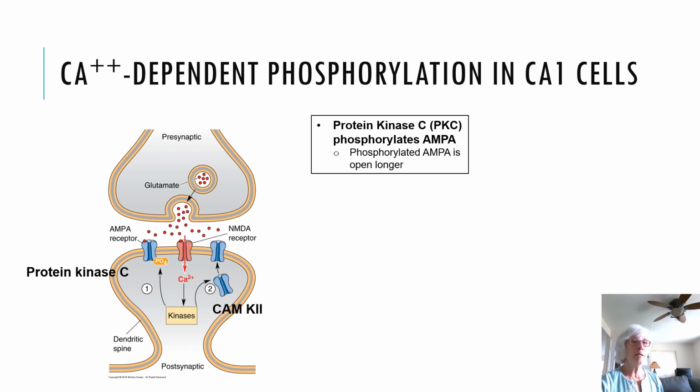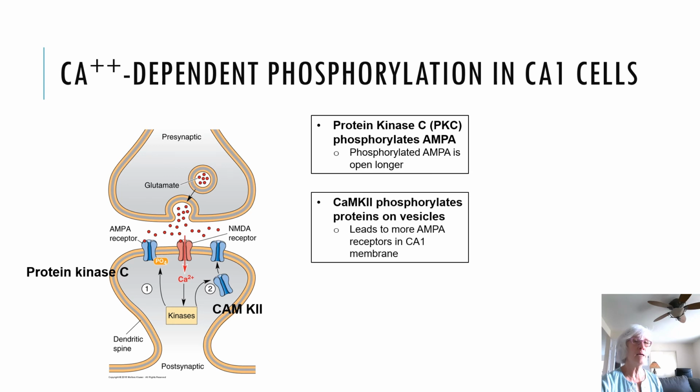In addition, CAMK2 will phosphorylate proteins in a vesicle that will allow those vesicles to fuse with the postsynaptic membrane, and that vesicular fusion will allow for the insertion of a greater number of AMPA receptors in the CA1 membrane.